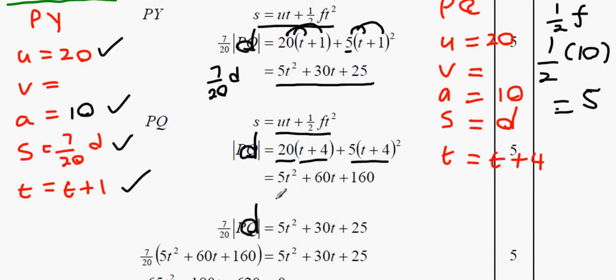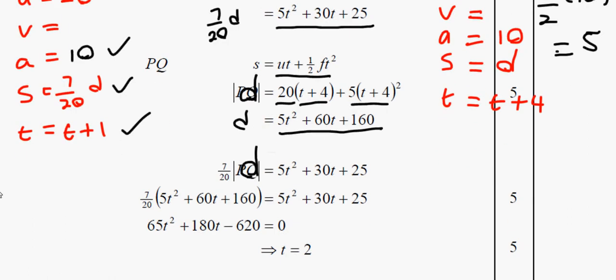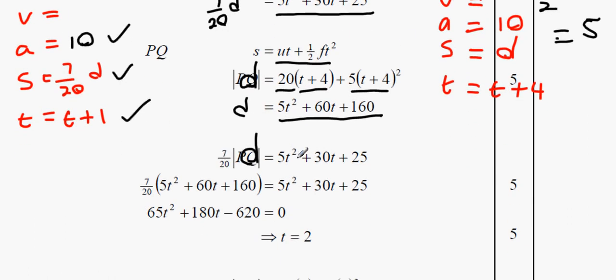And now we know that this 5t squared plus 60t plus 160 equals the entire distance d. Now, we know that 7/20ths of the distance equals 5t squared plus 30t plus 25.